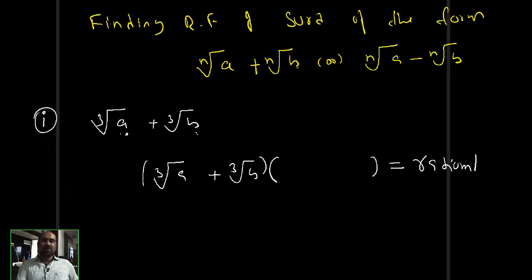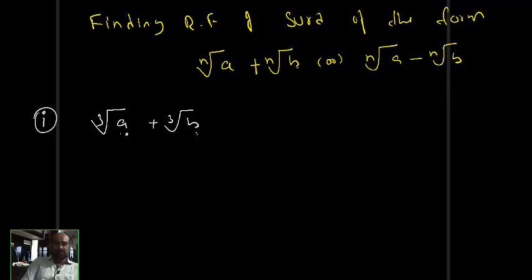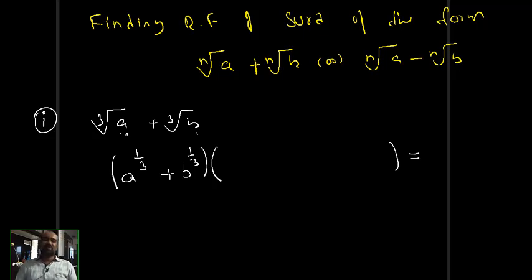What I am trying to explain, students, listen here. Important. A power 1 by 3 plus b power 1 by 3 should be multiplied with something to get a rational number. What is my assumption? A power 1 by 3 plus b power 1 by 3 is multiplied by something.